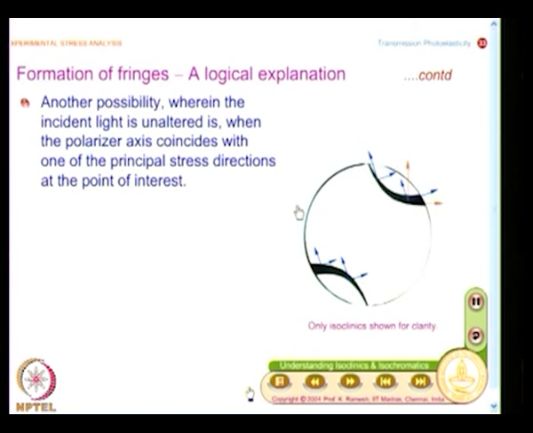And what is tried to be shown here is, I have the reference axis shown in brown, and these are the principal stresses at the point of interest. Their magnitude may be different, but if you look at the orientation, it is the same.